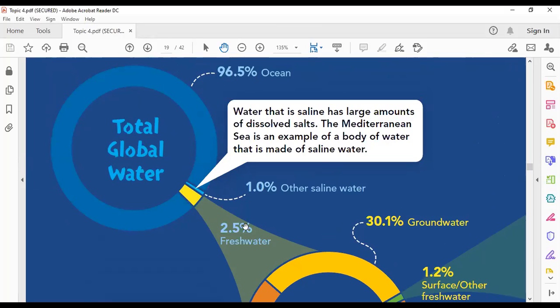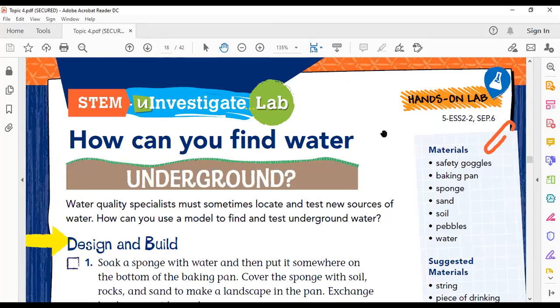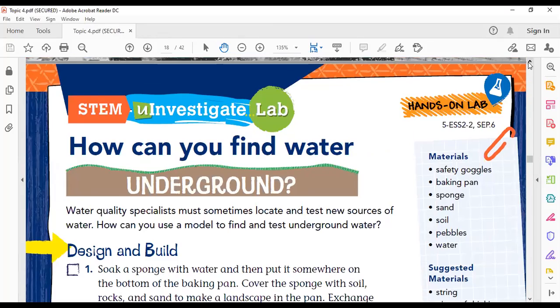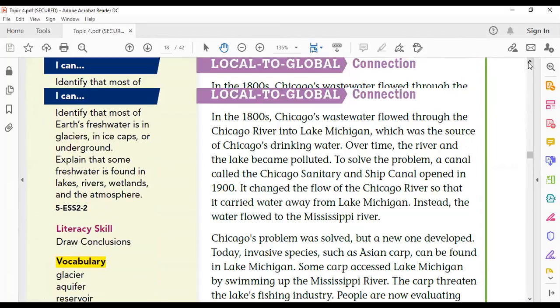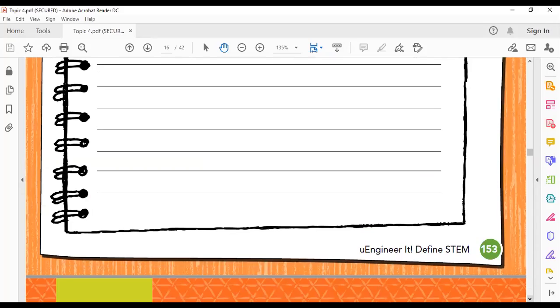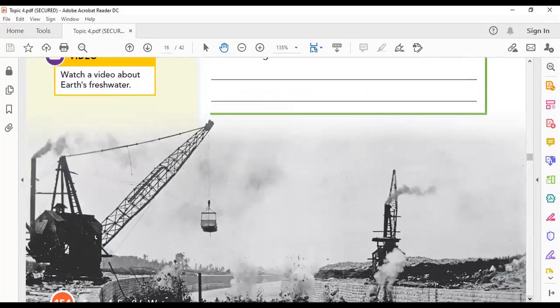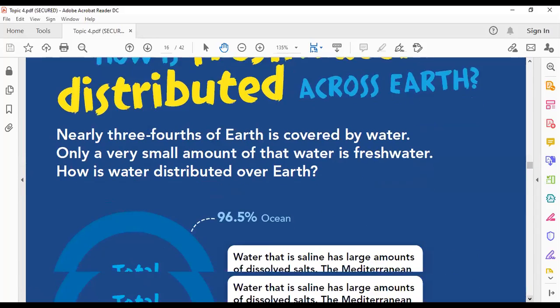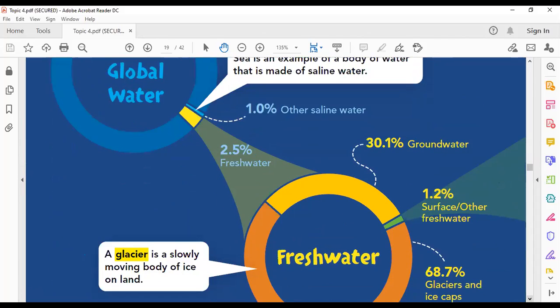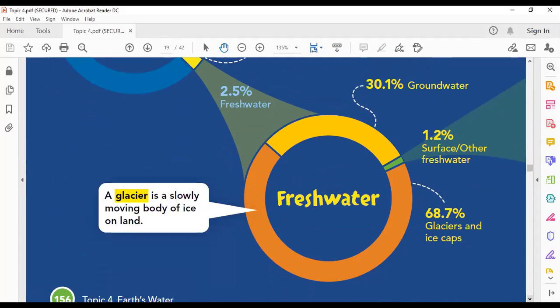Only 2.5% of Earth's water is fresh water, and it is distributed like this. The majority of Earth's fresh water is found in the glaciers as frozen water, and 30.1% as groundwater. Only 1.2% is on the surface.